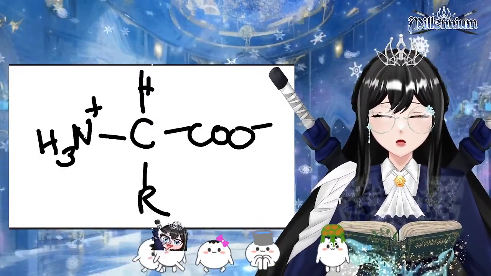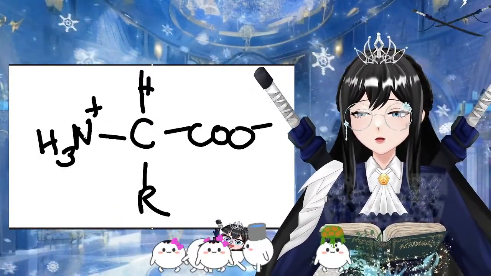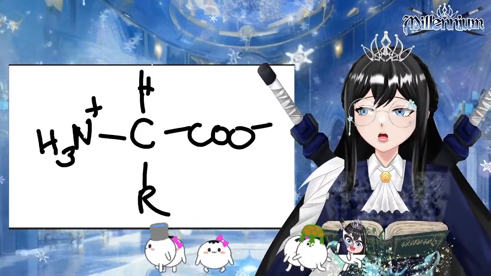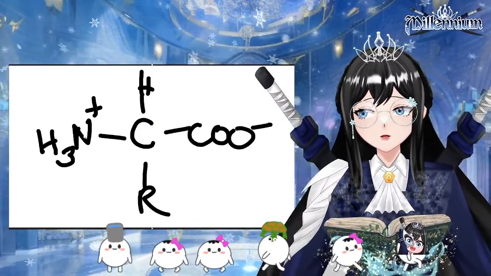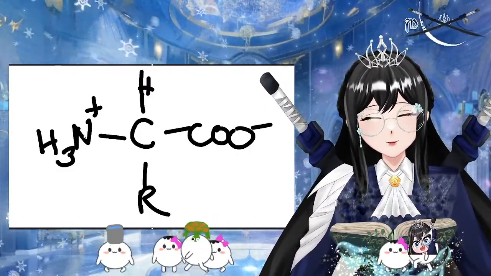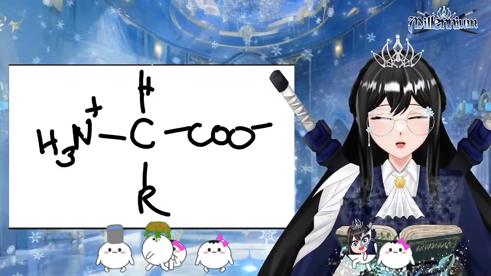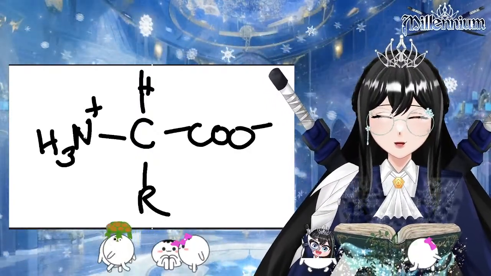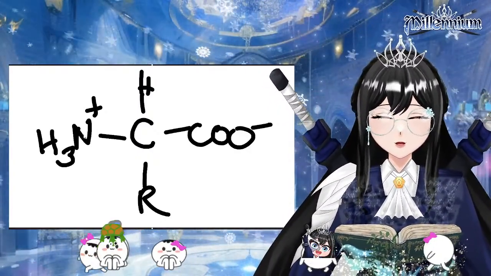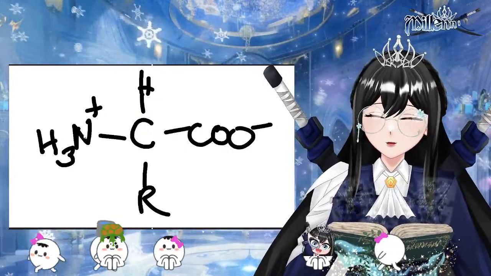So again, what are the different major metabolic fates of amino acids? They're mostly known as building blocks of proteins, but they are also building blocks for neurotransmitters, hormones, and heme groups. And their carbon skeletons can be oxidized for energy, which would enter central metabolic pathways.